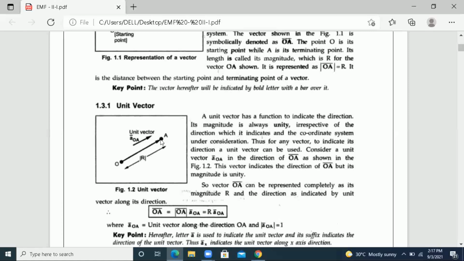In the same way, when you count, the unit is one, the unit vector along OA is one.